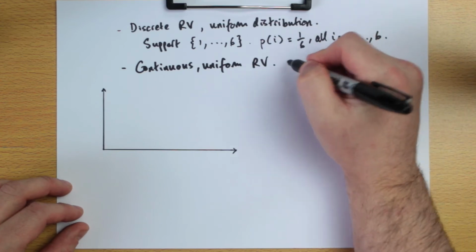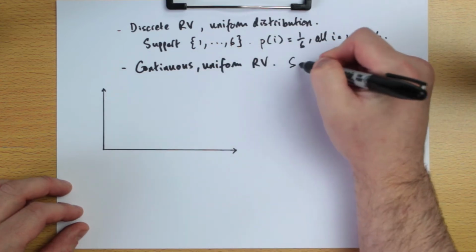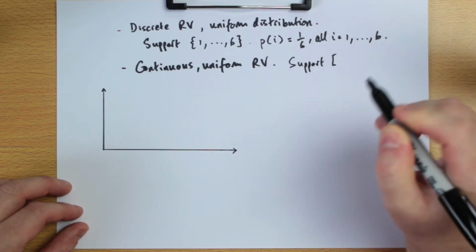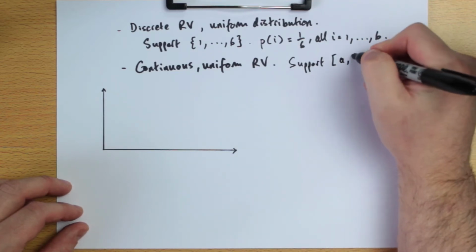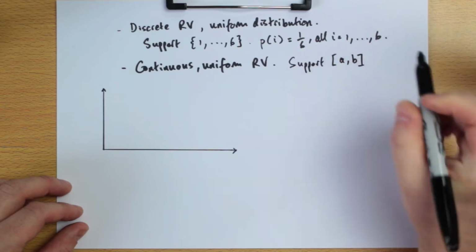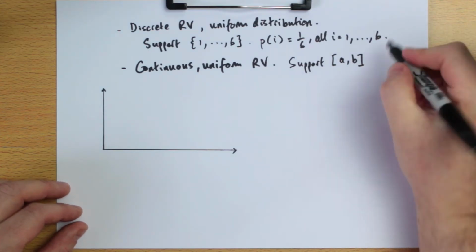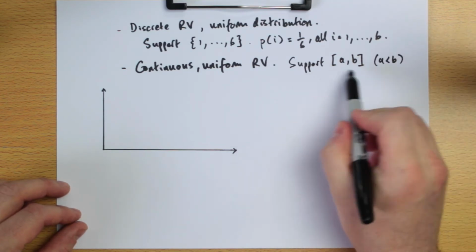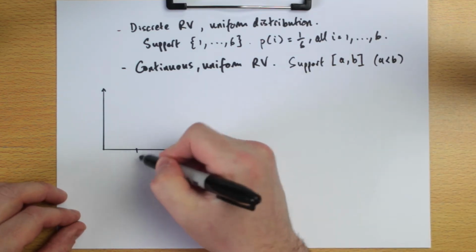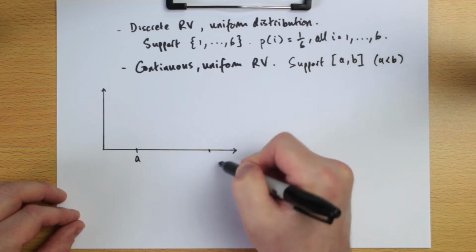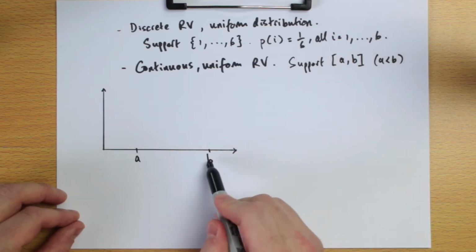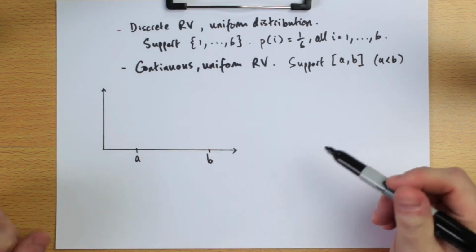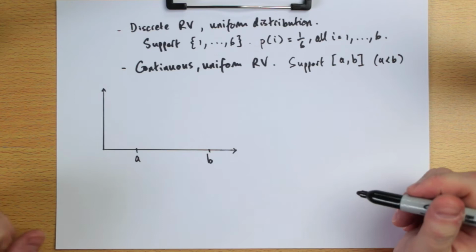Well, the support, the set of values that this random variable might take with positive probability, for us, we're going to label it an interval a to b, where a is less than b. So it's a closed interval. I could draw a diagram here. All of the points between a and b are possible values that our continuous uniform random variable might take.